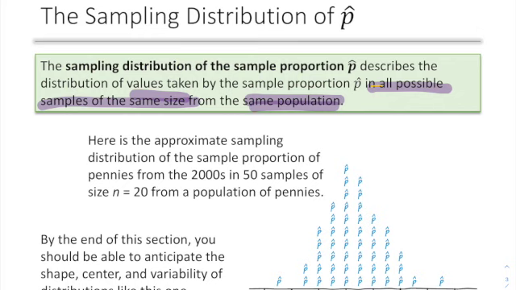So here's a little example of taking 50 samples of size 20 from a bag of pennies, and calculating the proportion of pennies that were made in the 2000s. So like this p hat right here, it's approximately 0.35, represents one sample of 20 pennies that resulted in 35% of them being from the 2000s.